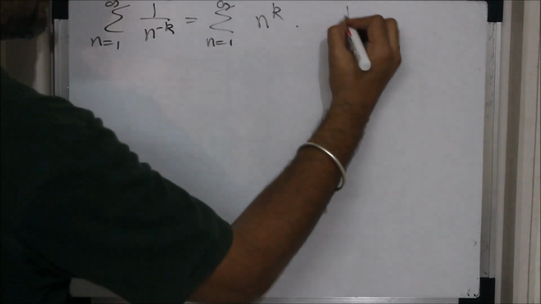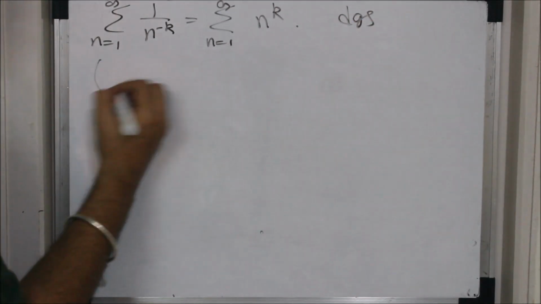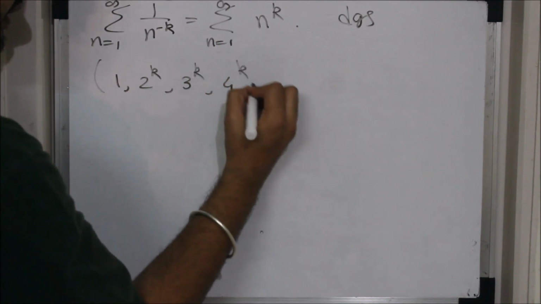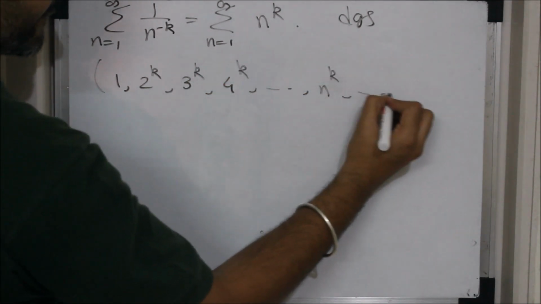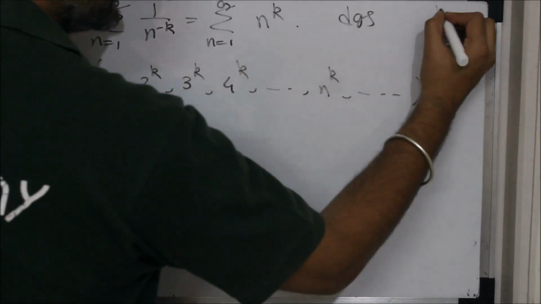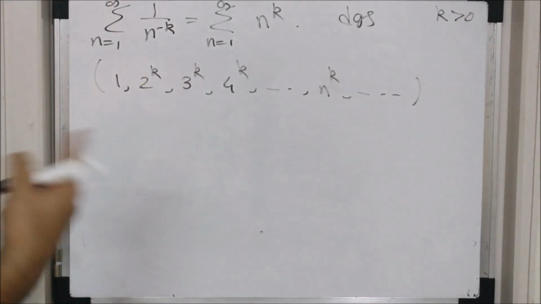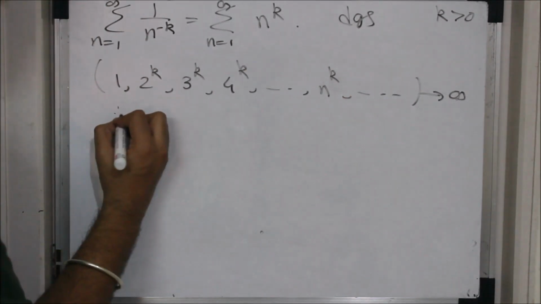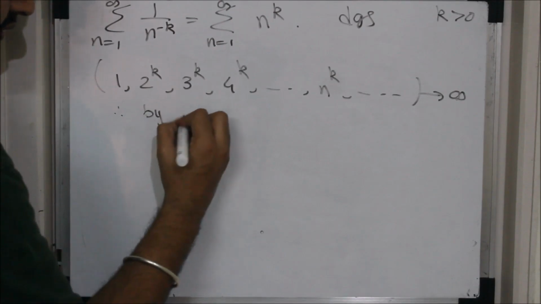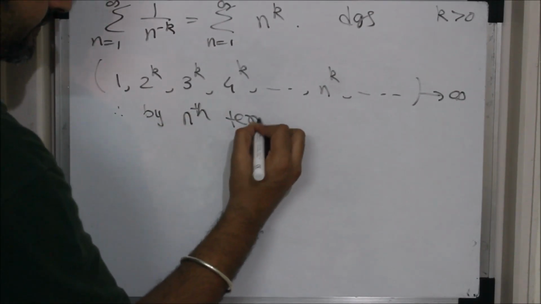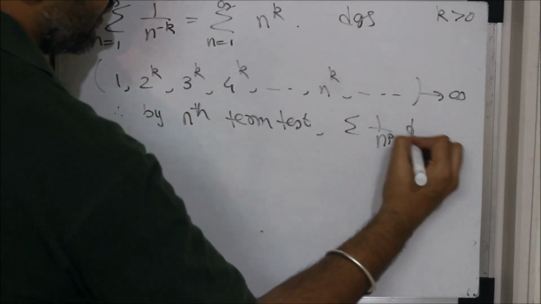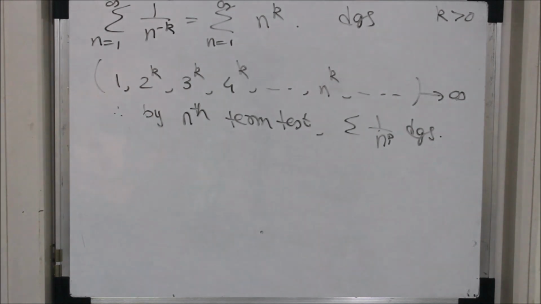And this diverges. Why so? Because this is 1, 2 raised to k, 3 raised to k, 4 raised to k, n raised to k, where k is positive. So I'm taking the powers of a positive number, and therefore this sequence diverges, and by the nth term test, summation 1 upon n raised to p diverges. So we are done with the case of p less than or equal to 0.